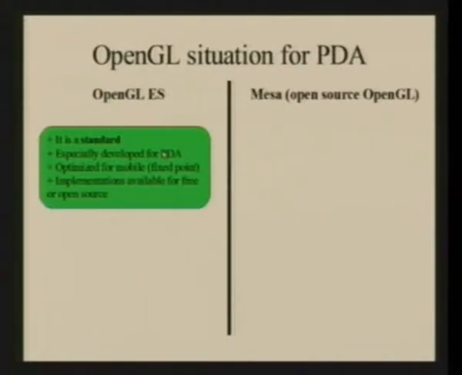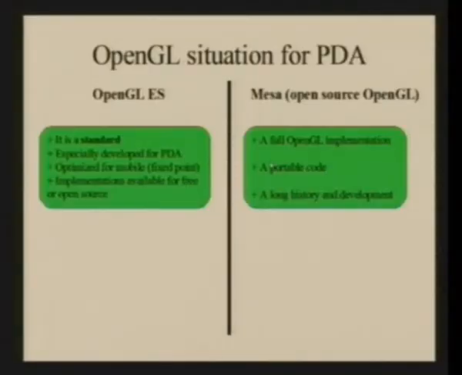The good point for OpenGL ES is that it is a standard for mobile devices. It is especially developed and optimized for PDA with a fixed point implementation, because our mobile devices don't have a floating point unit, so you cannot use floating point, at least for a graphic library. And there are some implementations available, open source or free.